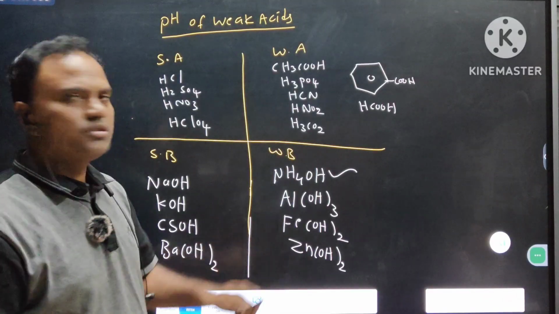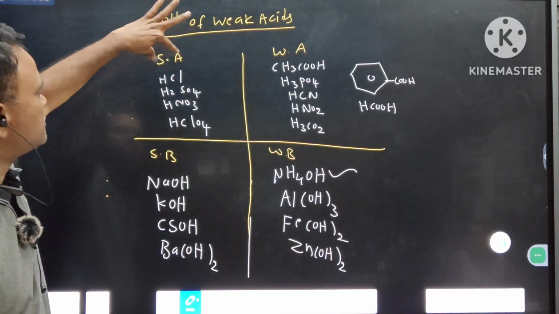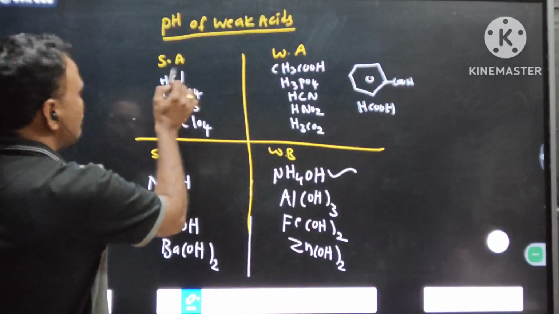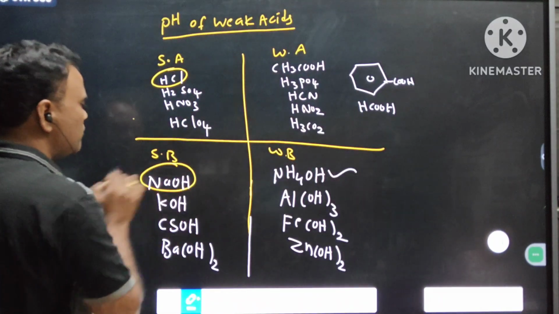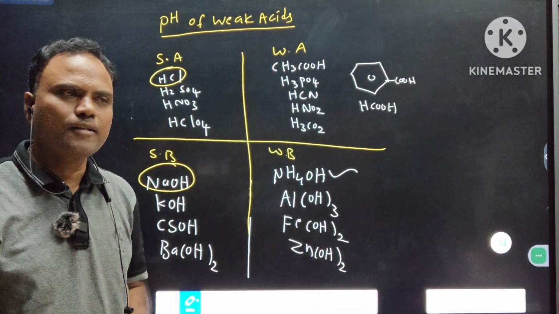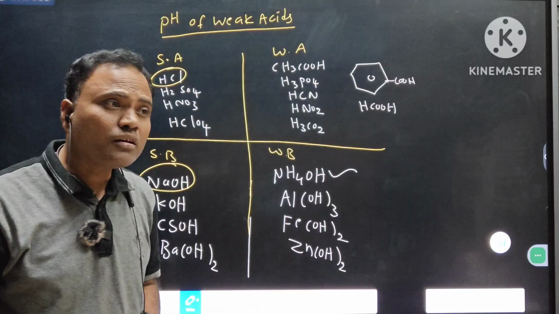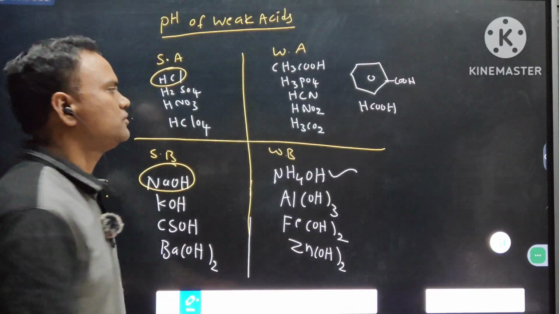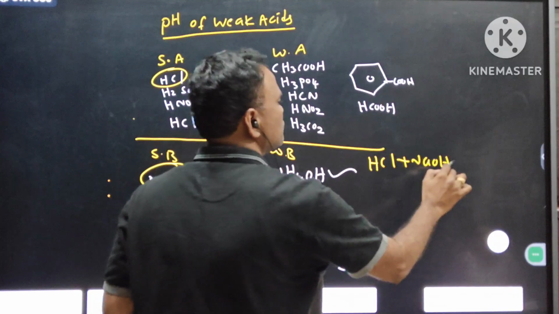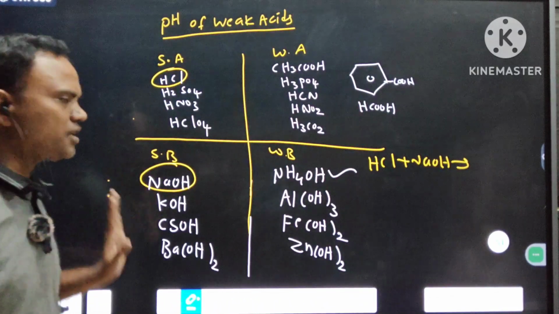Right. See, when you mix a strong acid and a strong base, that means if you mix HCl and NaOH, which salt will you get? Tell me the salt formula. You are mixing a strong acid and a strong base.